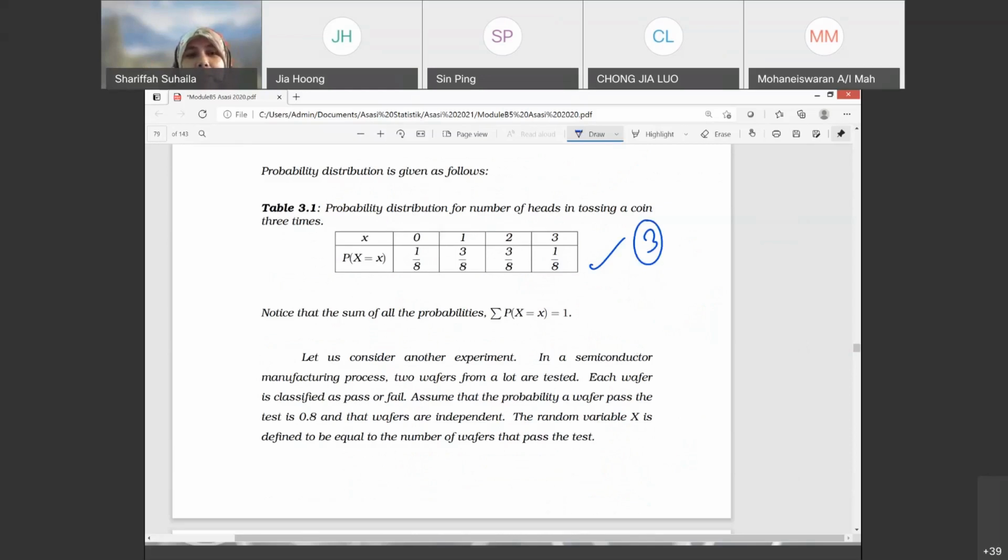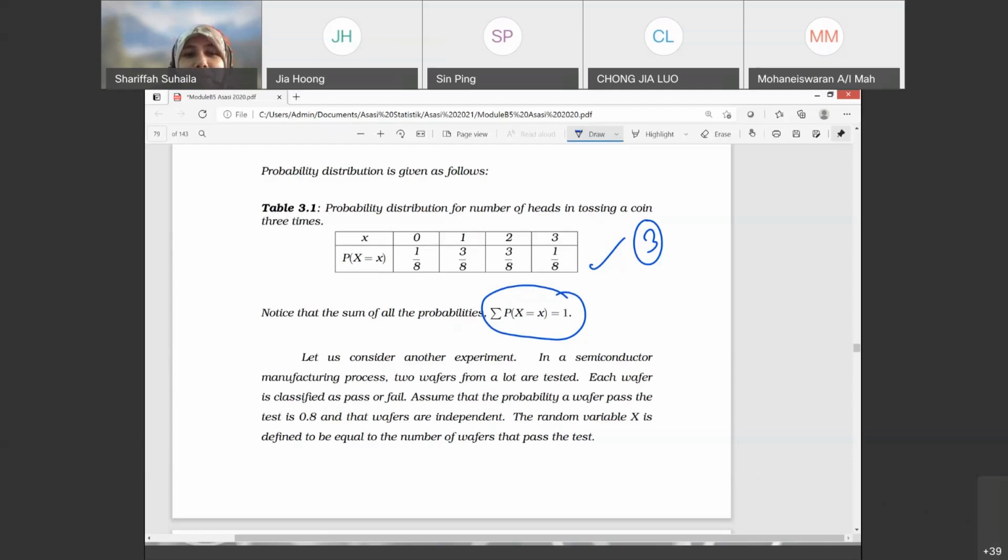So that means you have x equals 0, 1, 2, 3, with probabilities 1/8, 3/8, 3/8, 1/8. And again, total probability must equal 1. It cannot exceed 1. If it exceeds 1, you have to double check your answer. So that is the example for a coin.